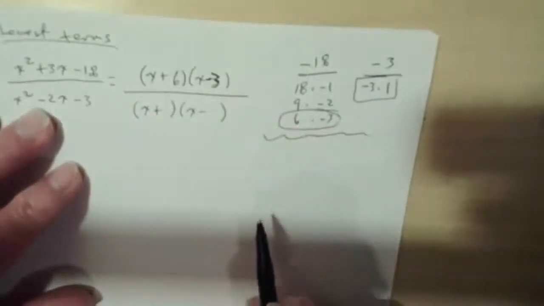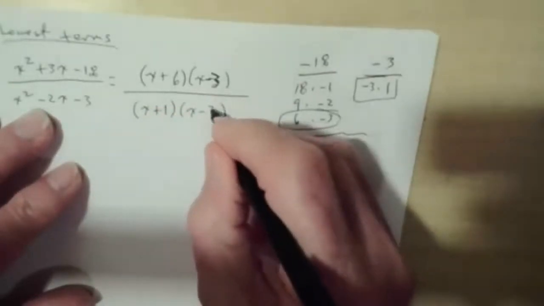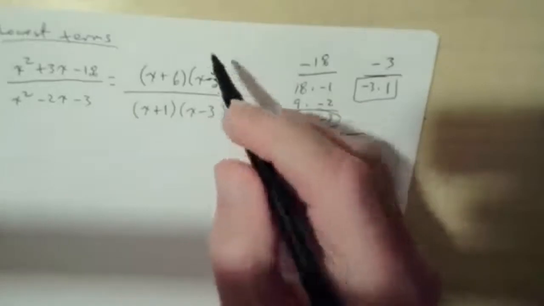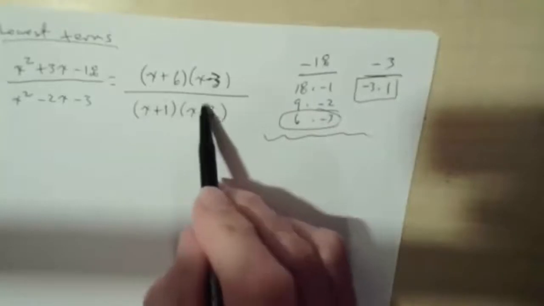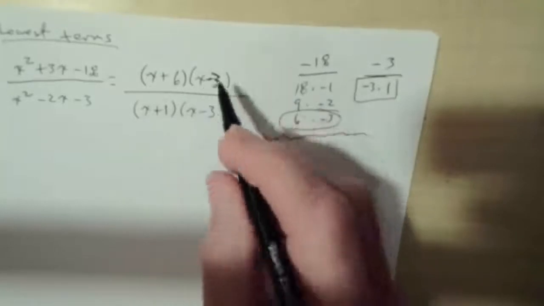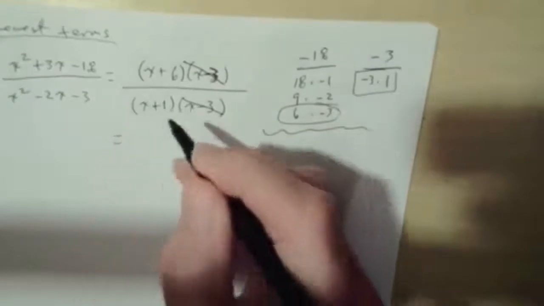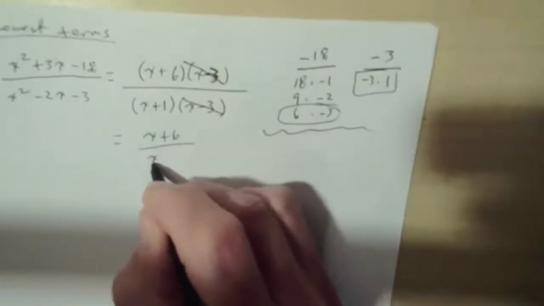Plus 1 minus 3. Okay. Can we factor x minus 6 out of the denominator? No. Can we factor the x minus 3? Yes. There and there. So what do we have left? x plus 6 over x plus 1.